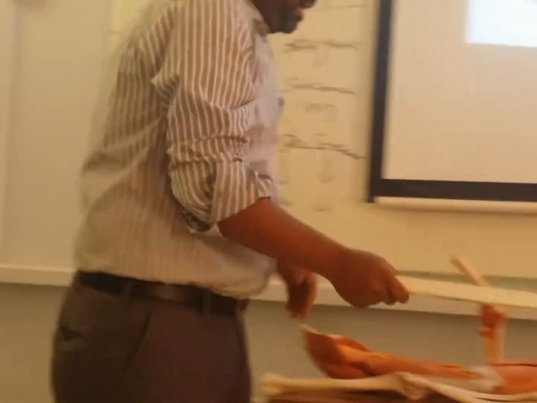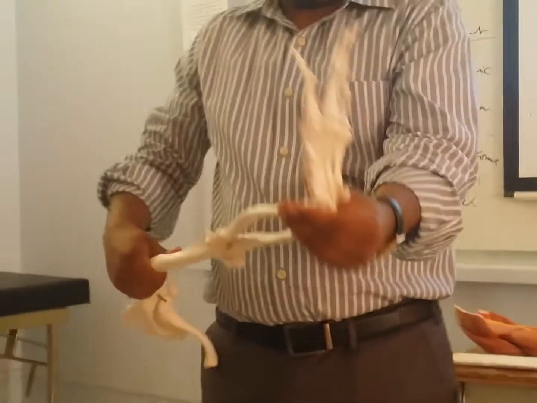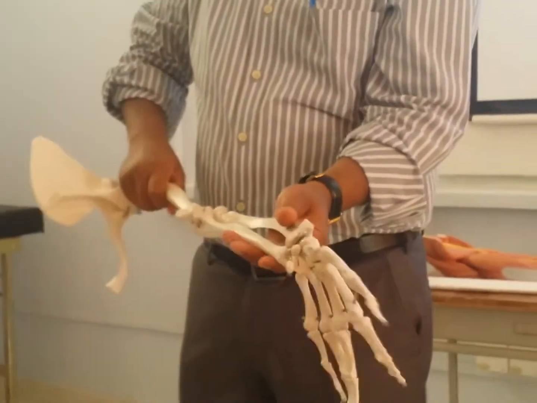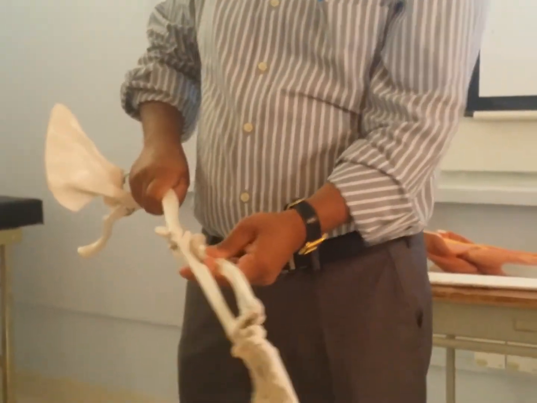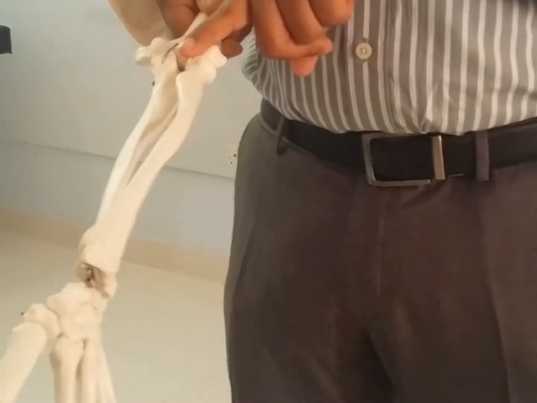The remaining tendon is inserted into the posterior surface of the radial tuberosity. So this is the elbow joint. Now the tendon goes like this.